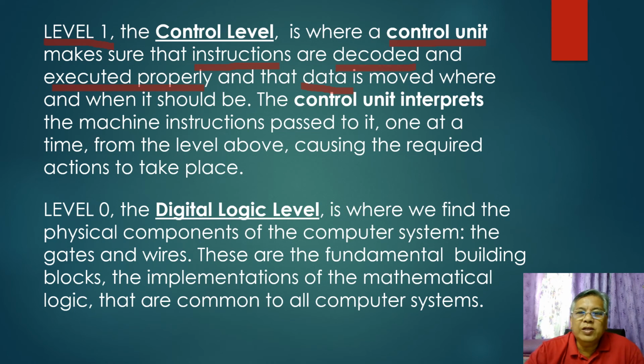The control unit interprets the machine instructions passed to it, one at a time, from the level above, that is your instruction set architecture, causing the required actions to take place.